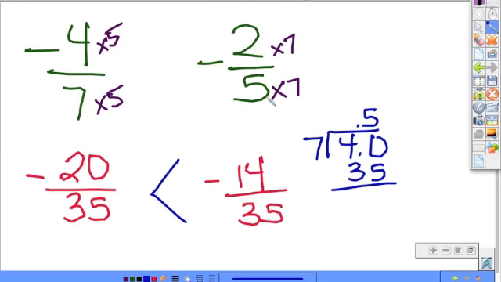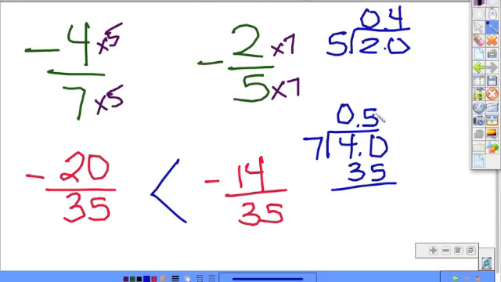Okay, now this one here, we have 5 going into 2, which can't do, but 5 does go into 20 4 times. Oh, look, we have 0.5 followed by a 0.4. But again, it's the one closest to 0. So which one would come closer to 0? Well, the 0.4 would come closer to 0. That's why this one is the greater fraction.